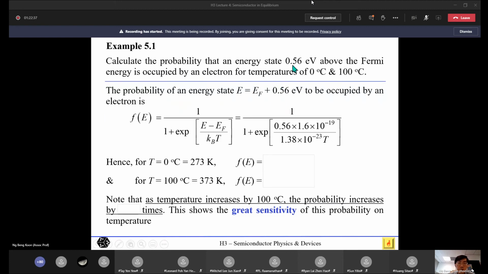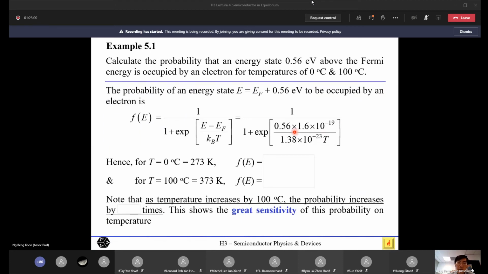So for an energy state at 0.56 eV above the Fermi level, then the energy that we're looking at is EF plus 0.56, right? So it's E equal to EF plus 0.56. If you put this into the Fermi-Dirac distribution function, the EF will cancel out, right? And that leaves us 0.56 eV.